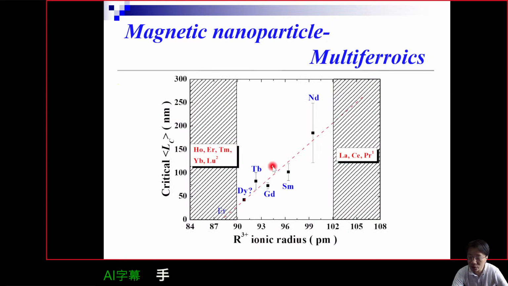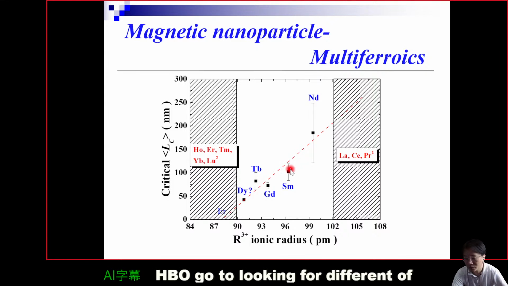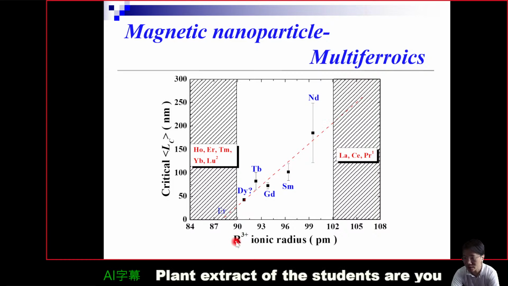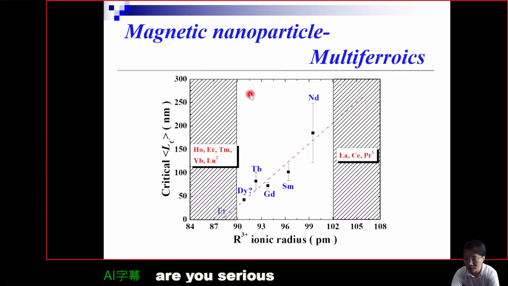So actually, we also tried looking for different kinds of elements to check if we can improve the ordering temperature and the critical length, the critical size. So we try to substitute its rare earth ion. R means rare earth. So remember that this compound is RMn2O5.